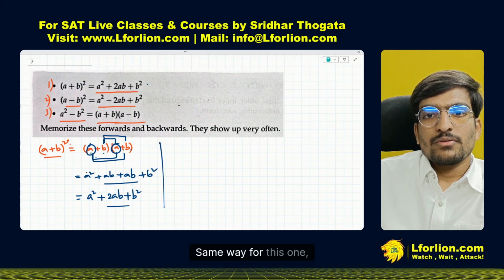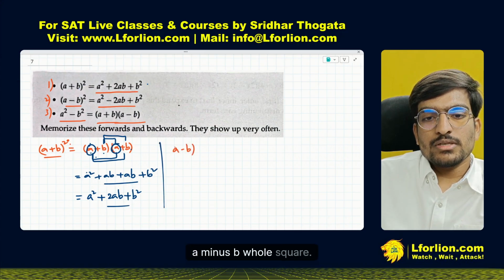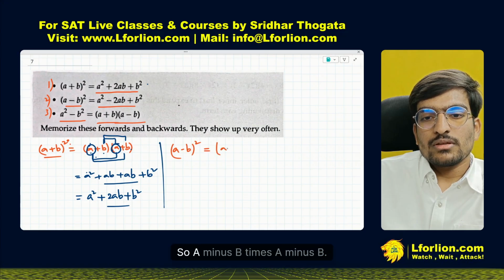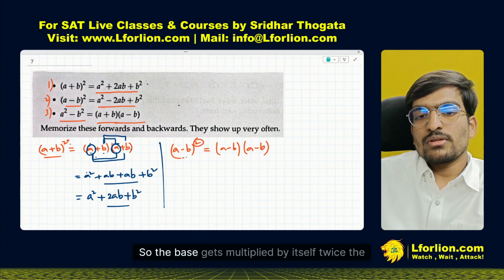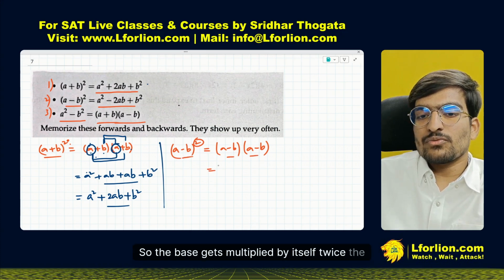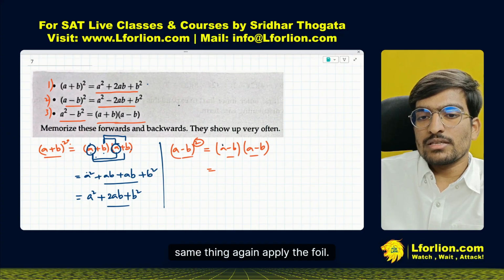Same way for this one, a minus b whole square. So a minus b times a minus b, because the exponent is 2, so the base gets multiplied by itself twice. The same thing again, apply the FOIL.